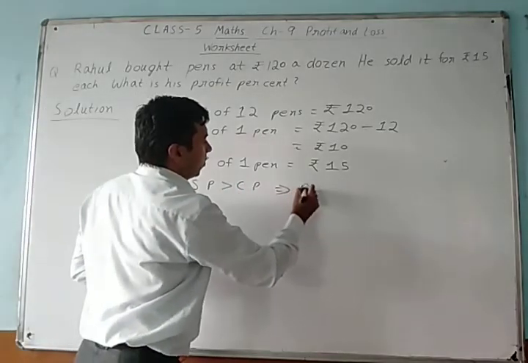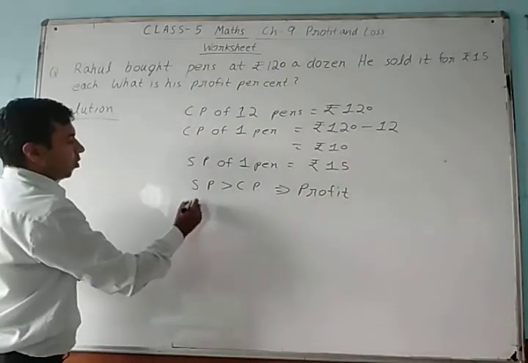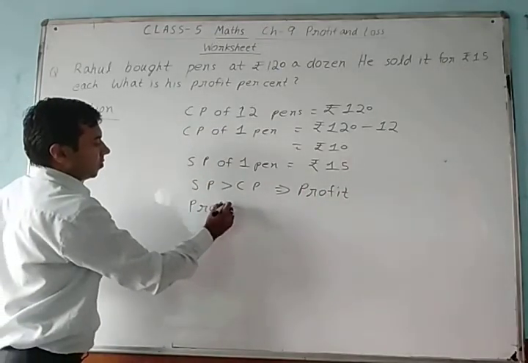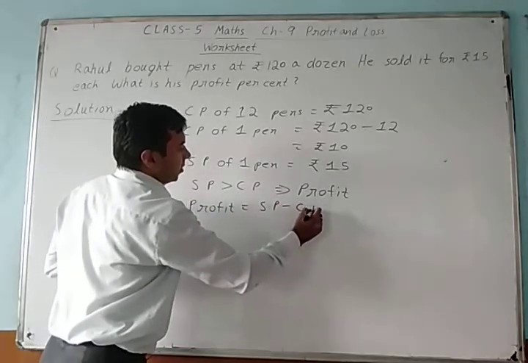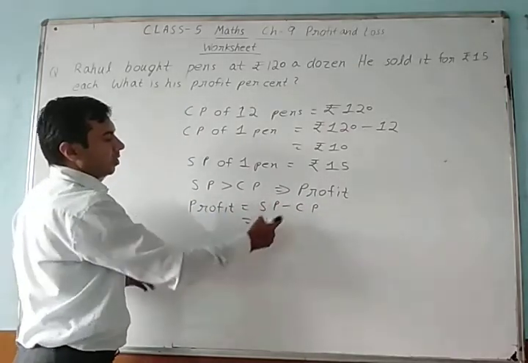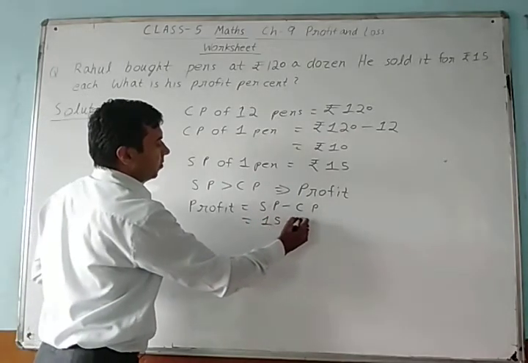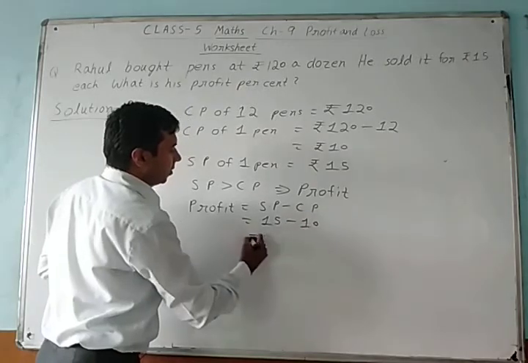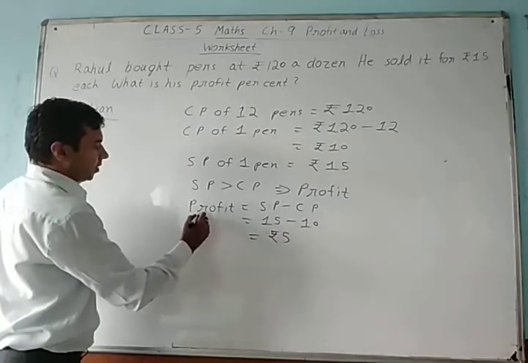It is profit. Now profit is equal to SP minus CP, means selling price minus cost price. Put the value. Selling price rupees 15 minus rupees 10, we got rupees 5 profit.